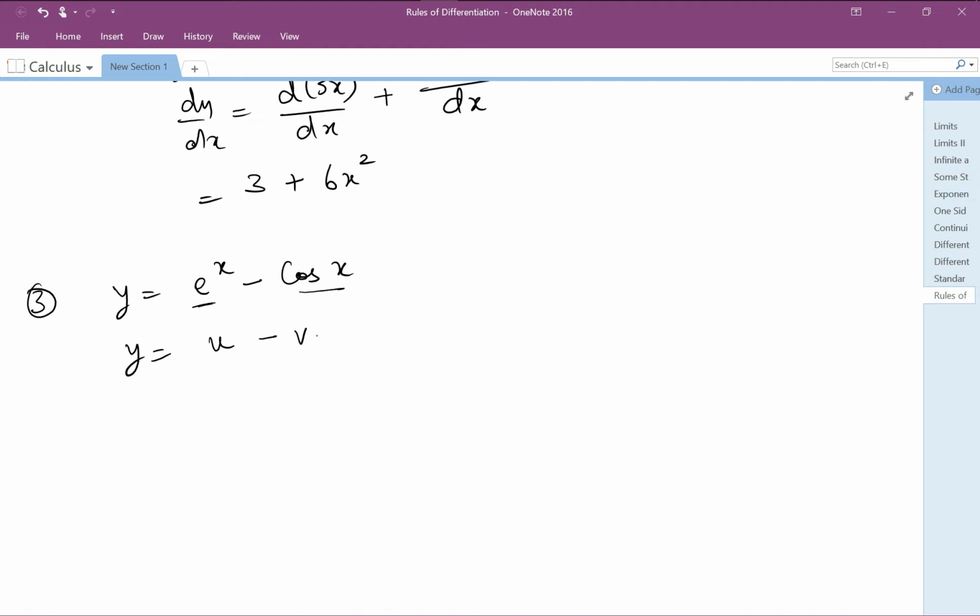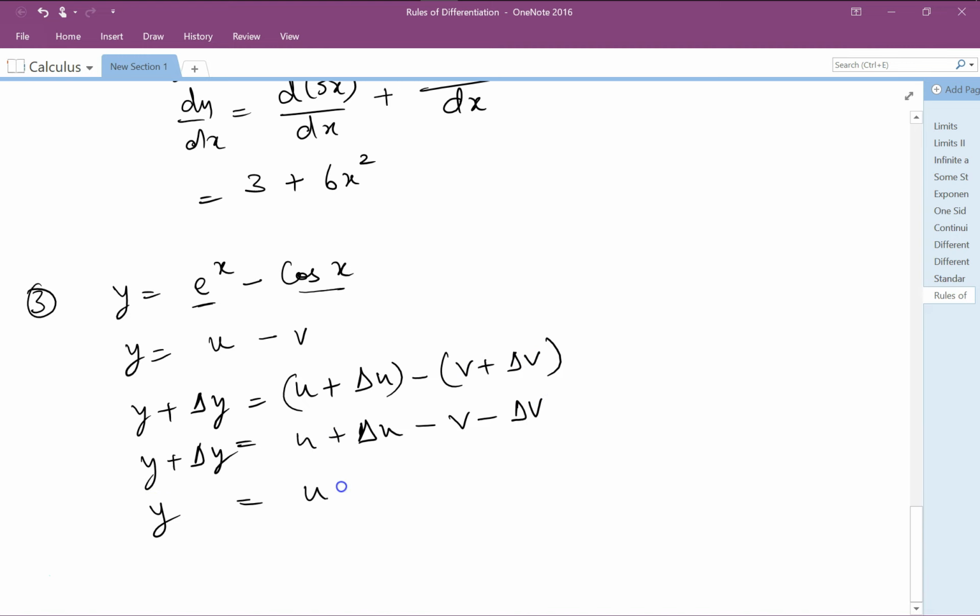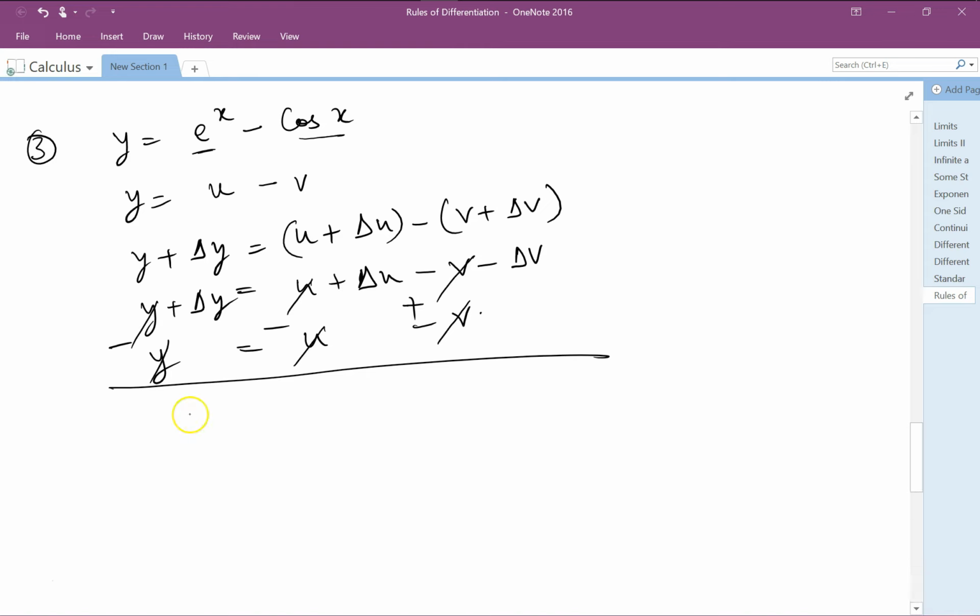So again a small change in x will lead to a small change in u and v and y. So y plus delta y is equal to u plus delta u minus v plus delta v, opening the bracket. Now let's bring in y equals u minus v. Let's subtract. So this disappears, and this disappears. So we are left with delta y is equal to delta u minus delta v.